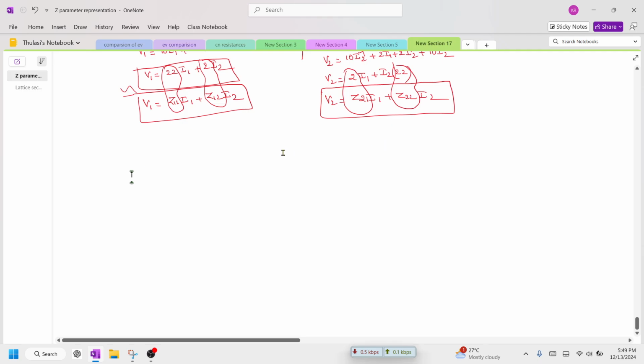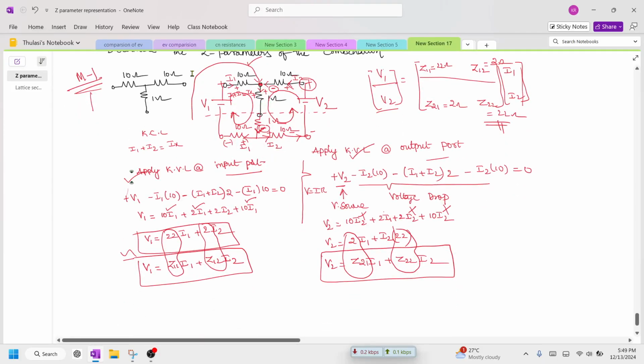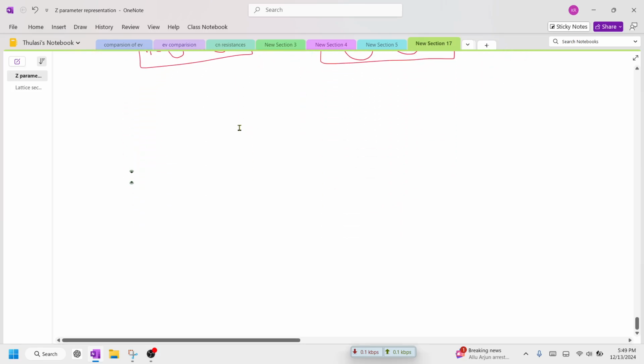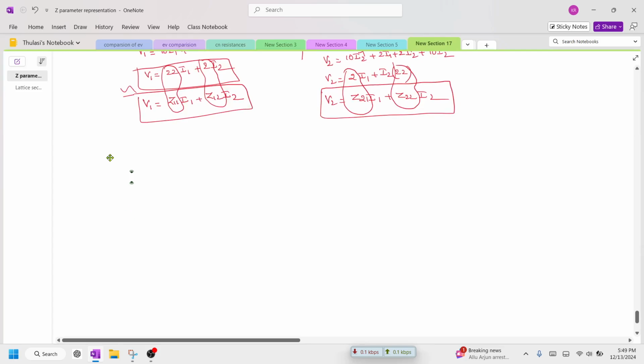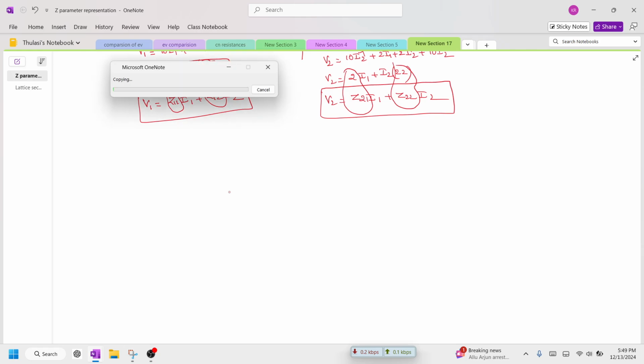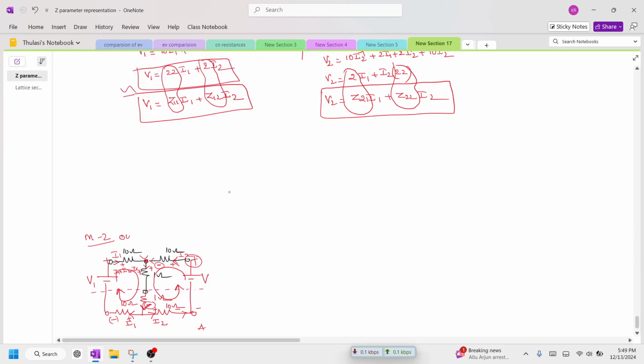So now let us try to apply our method 2. So method 2, what is the procedure is, in method 2, what you need to do here is, first let us make the output port.